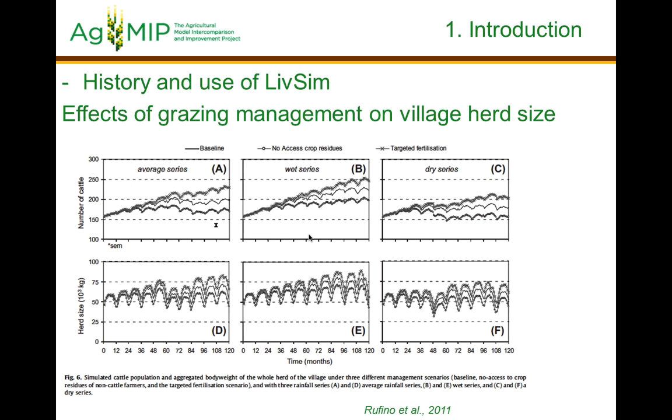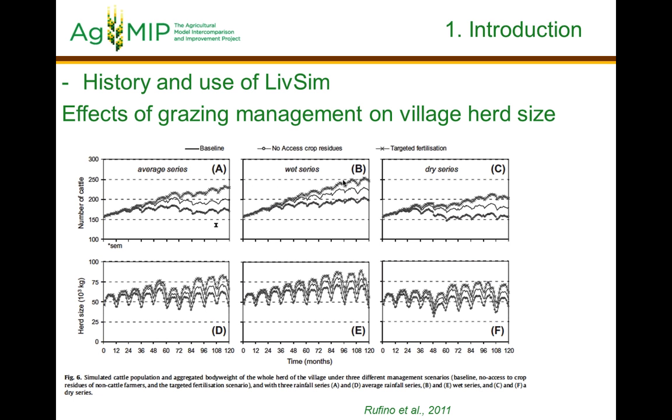And then a third example is from work in Zimbabwe, where, answering a bit of Alex's question, we're looking at village scale outputs. Here we're looking at the number of cattle and the herd size for the village expressed in tons of live body weight.